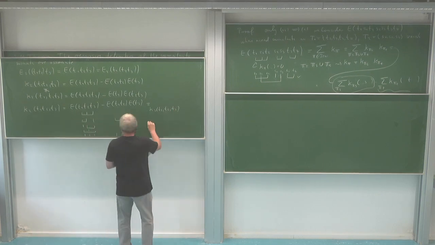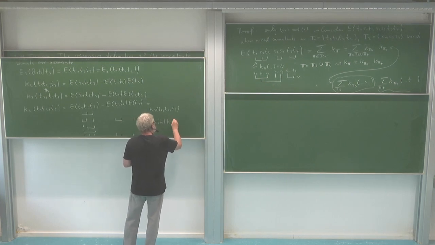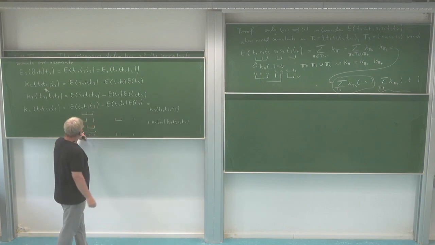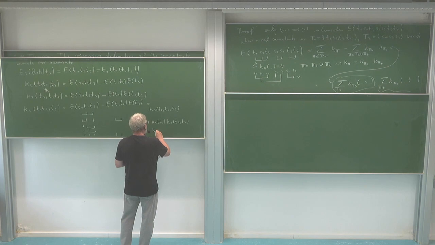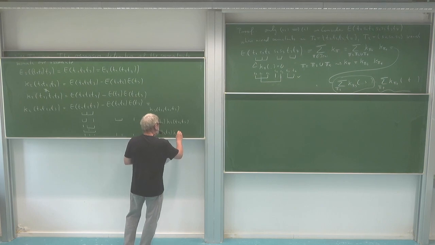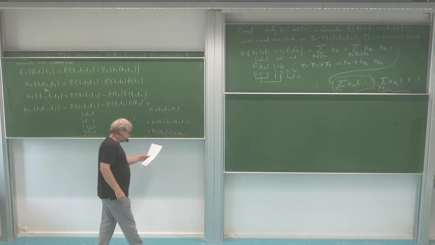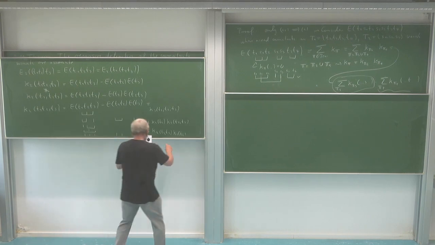This here survives, plus kappa 1 of T1 times kappa 2 of T2, T3. And this one here also survives, plus kappa 2 of T1, T3 times kappa 1 of T2.